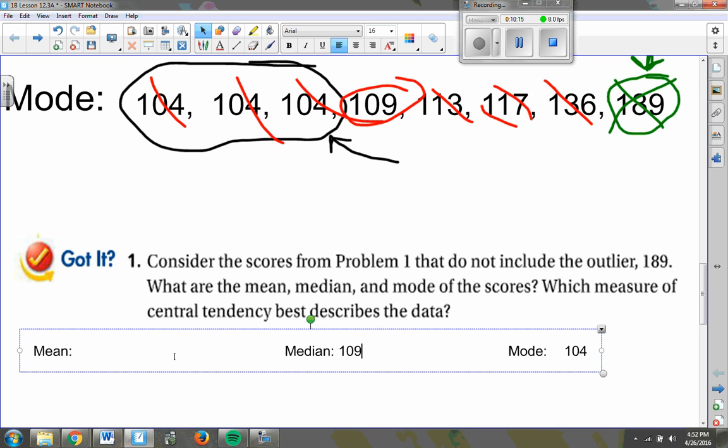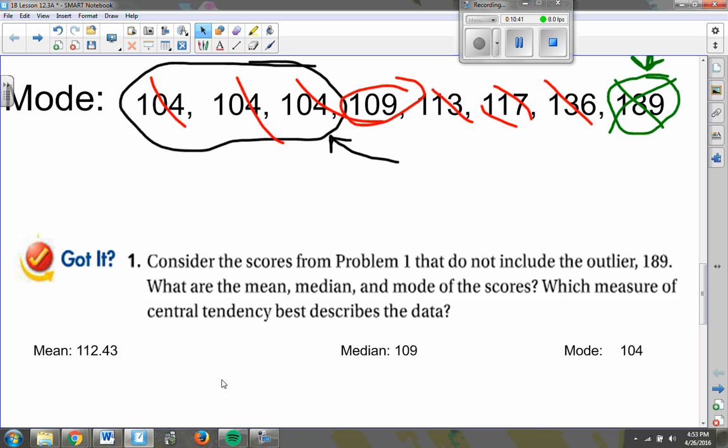And then my mean, I just need to take 104 plus 104 plus 104 plus 109 plus 113 plus 117 plus 136. Add that up and I get 787. Divide that by 7 data points now, and I actually get 112.43 or so. Okay.